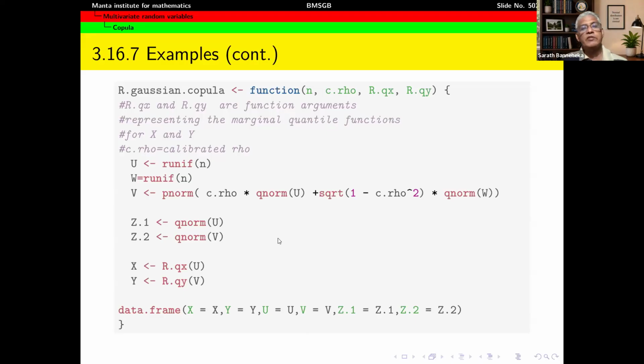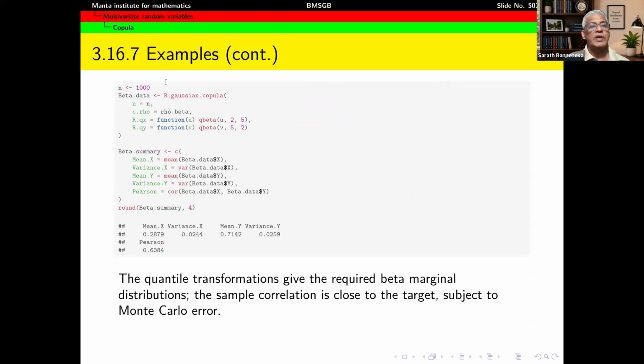So this is the formula that I will apply, with n whatever, 10,000, and C rho equal to 0.633, and RQX will be Q beta 2, 5, and RQY will be Q beta 5, 2. So here I have applied that.